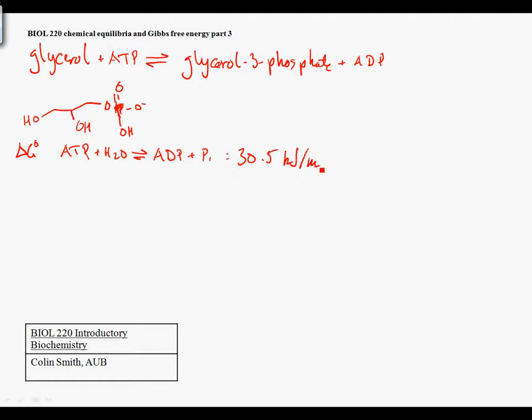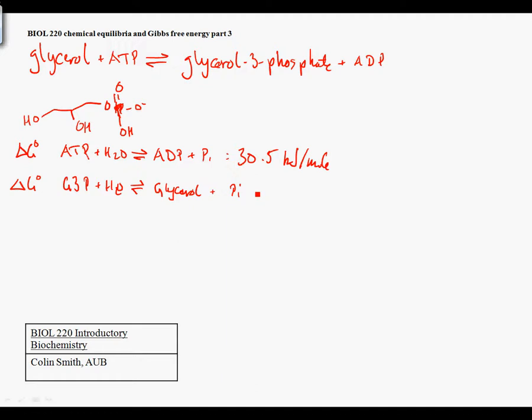kilojoules per mole. Likewise, we can look up in a table the hydrolysis of glycerol 3-phosphate plus water to create glycerol plus a free phosphate.